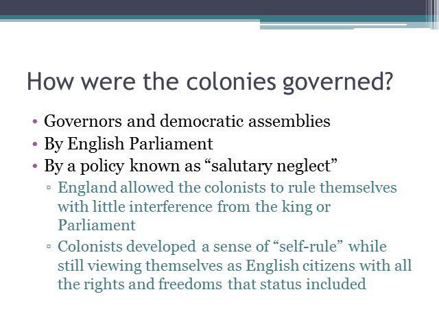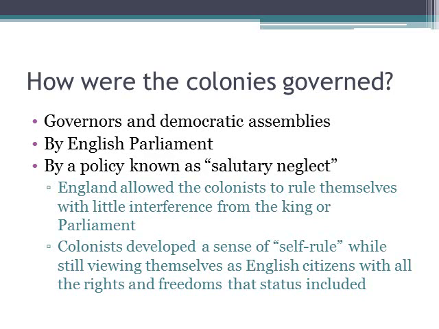How were the colonies governed? Well, it varied by the way that the charter was issued and the way that the colonies were organized, but by and large, governors and democratic assemblies were in control of the colonies, and the colonists were pretty much able to make the laws that they wanted and to take care of legislative matters as they pleased.